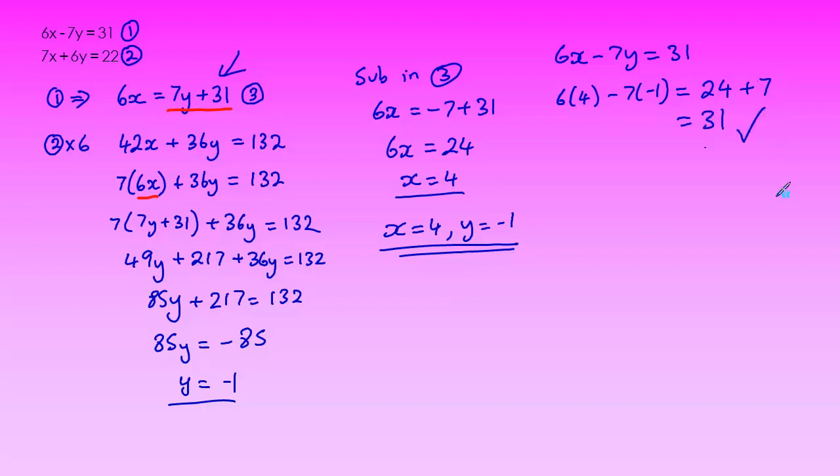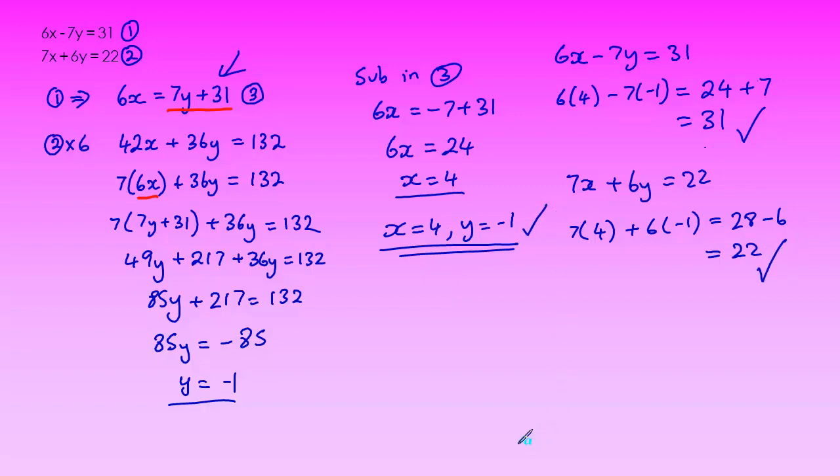So that works. And then we've got 7x plus 6y is 22. So 7 lots of 4, add 6 lots of negative 1 is equal to 28 take away 6, which is 22. So that works as well. So we know that these are correct solutions.